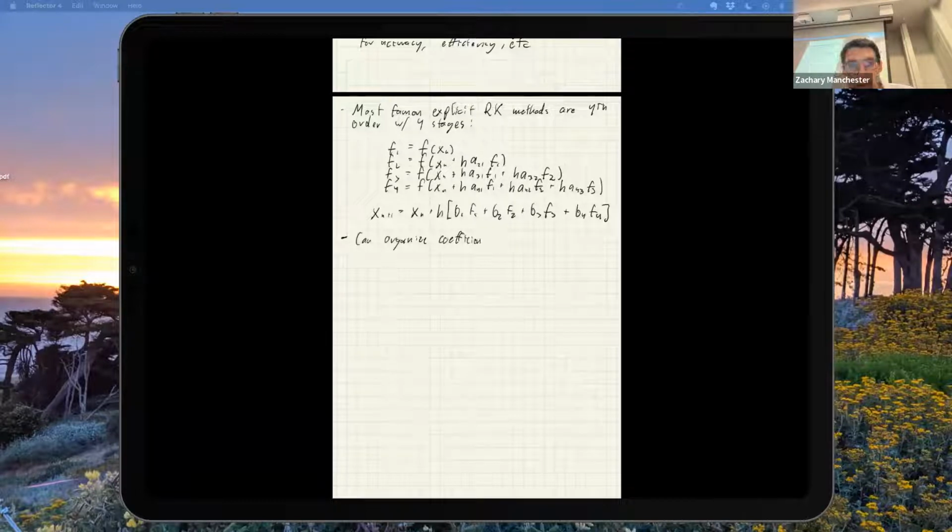This is how they're classically specified: matrix A and vector B, called the Butcher tableau. This is what you'll see written down.